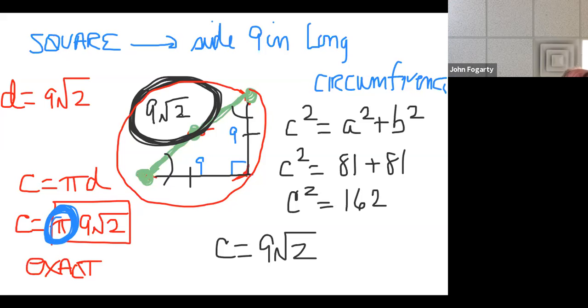Now, fellas, that was a lot of information. So hopefully you didn't get too nervous about it. Let me give you one last problem while we still have a few seconds. I have a triangle that's inscribed in a circle.